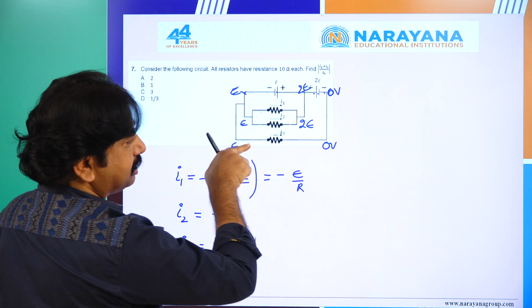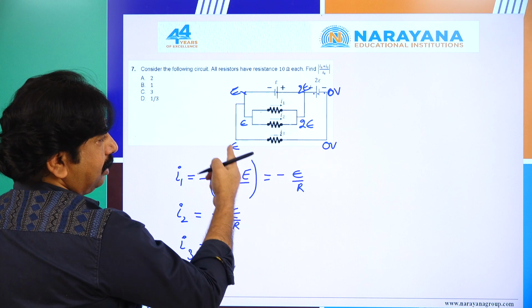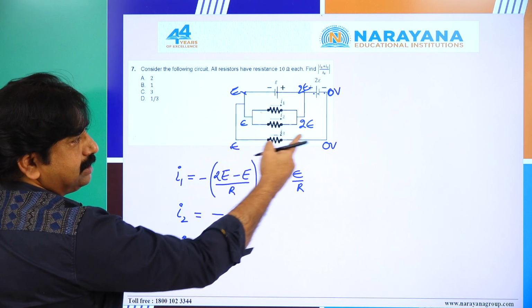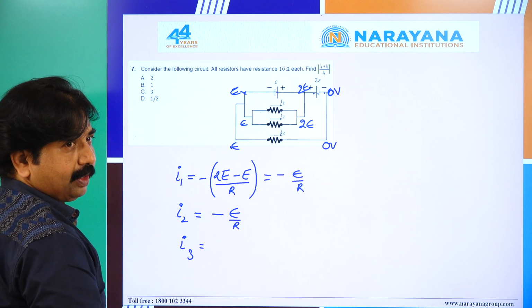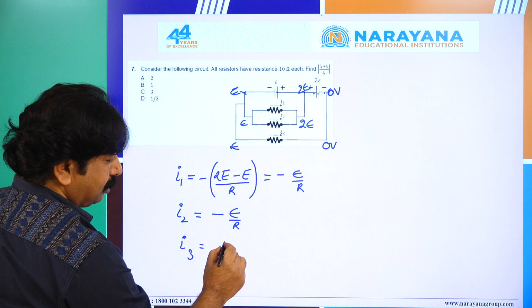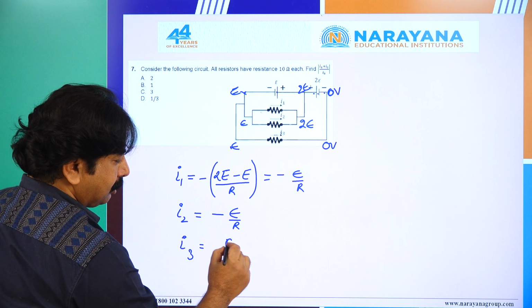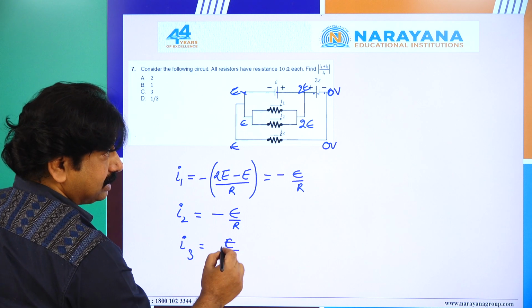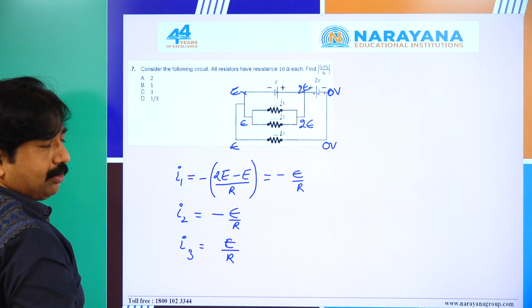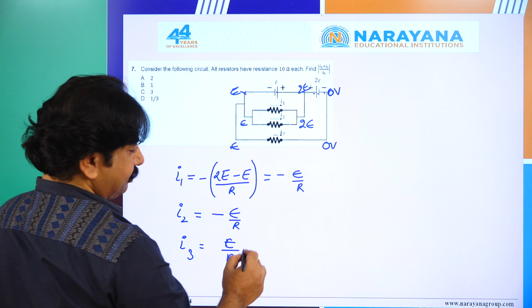Here the current direction is like this, and as per the diagram also, this is the higher potential and this is the lower potential. So the direction of the current is correct. I3 is equal to the difference E by R, as per Ohm's law: V is equal to IR, I is equal to V by R only.